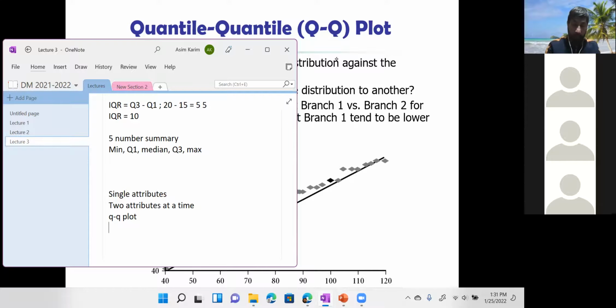So we'll discuss that later on. If again you have numeric data, then you can also have scatter plots. So both scatter plots and QQ plots typically work for ordinal as well as higher attribute types. And they give you an idea of how two variables or two attributes vary in our data set.